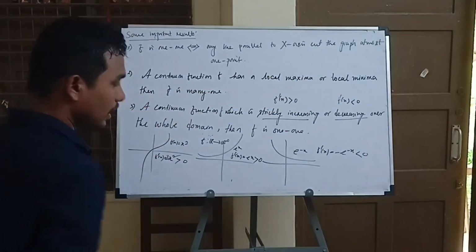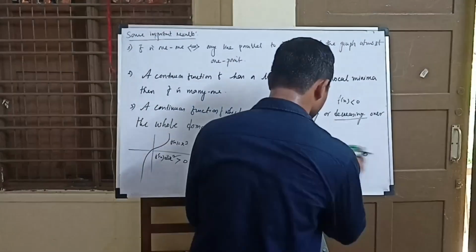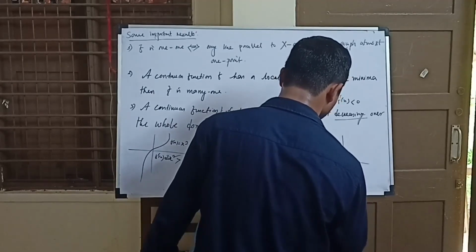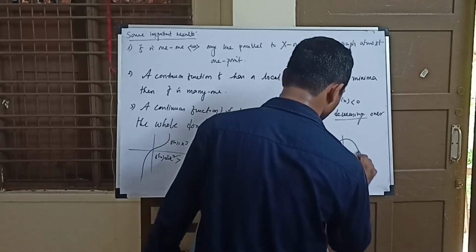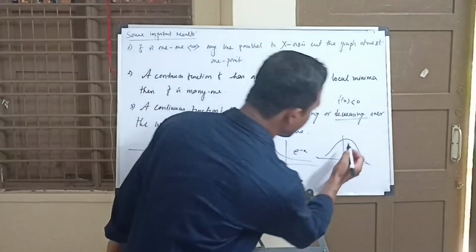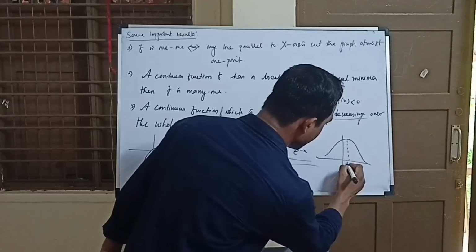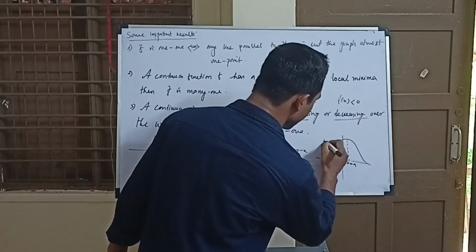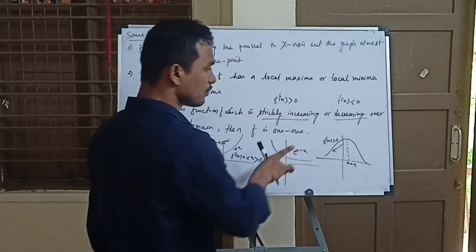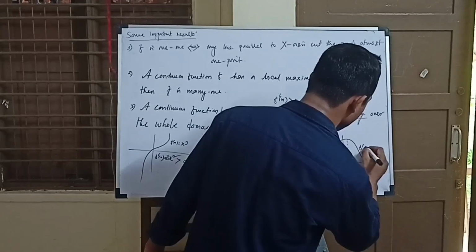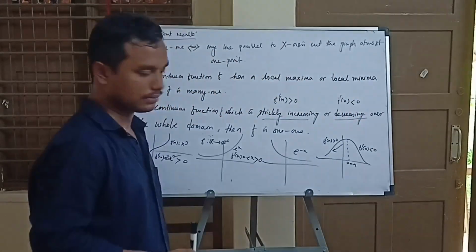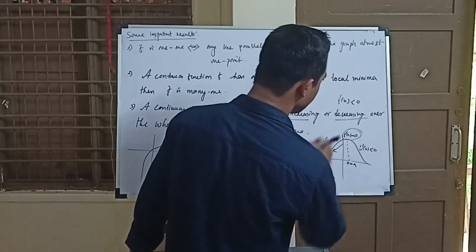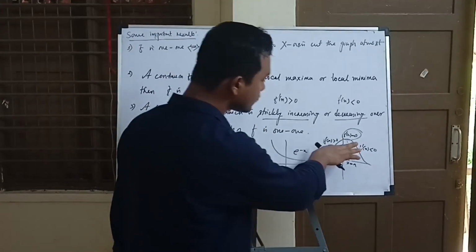Decreasing. Let me give one example here. Suppose a function like this. Here at this point, this function attains its maximum, x equal to a. In this part, the function is strictly increasing, and in this part f dash of x is strictly decreasing. So there is a point where f dash of x will be 0, then the slope is 0.